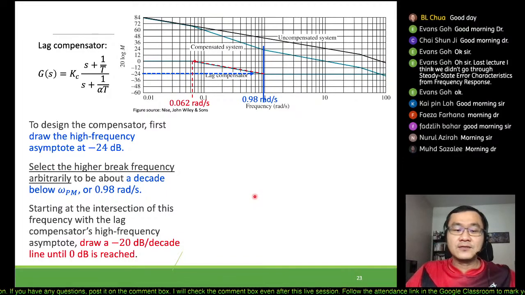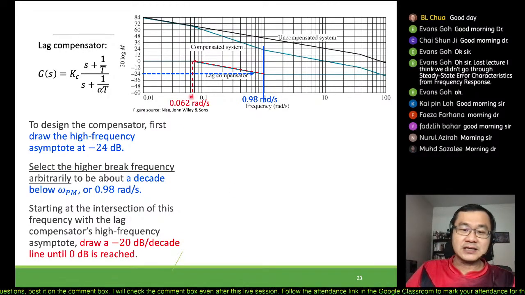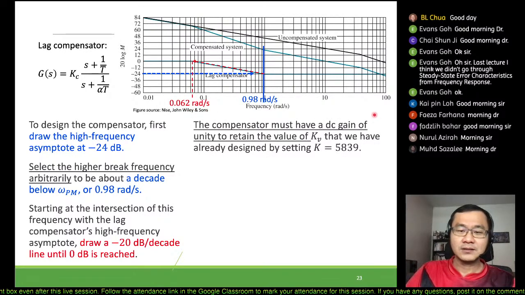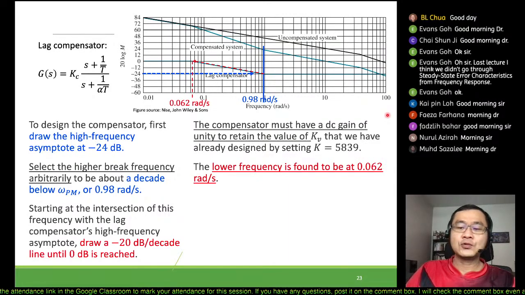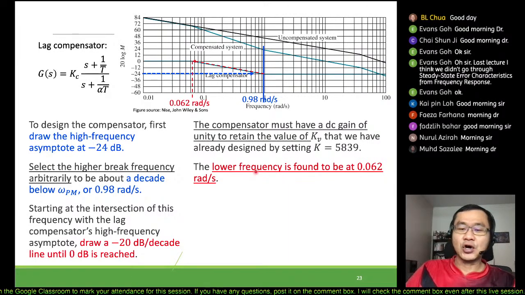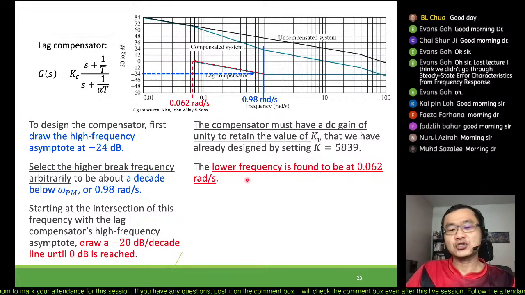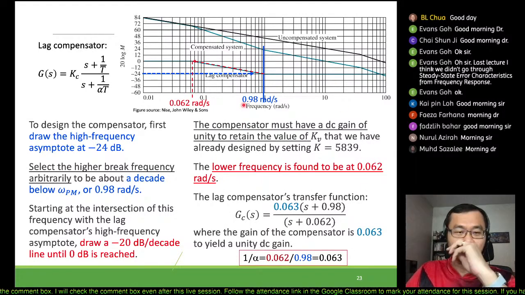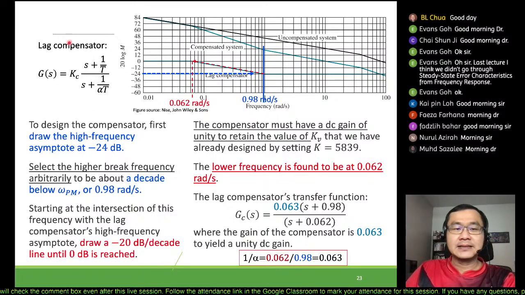For this case, it crossed at 0.062. We call this 0.062 the lower frequency. So how can we use all this information to form the lag compensator's parameters?